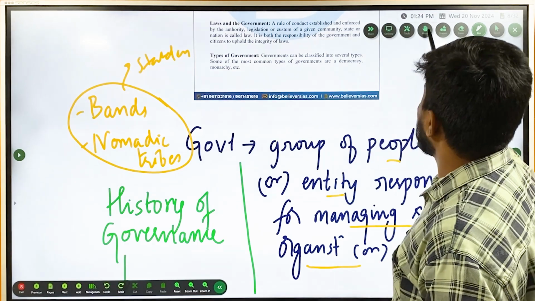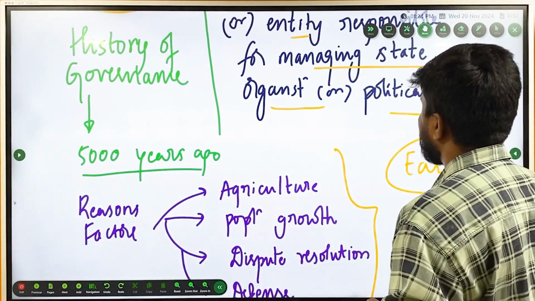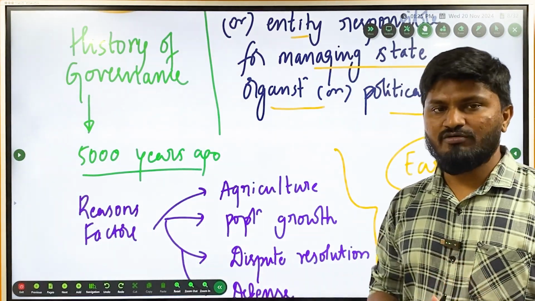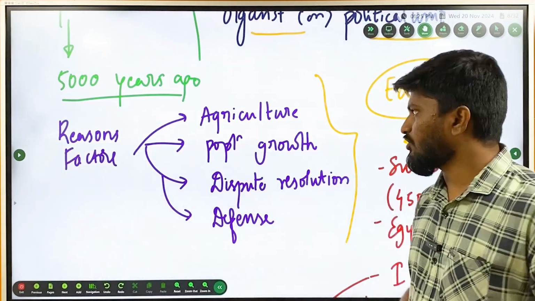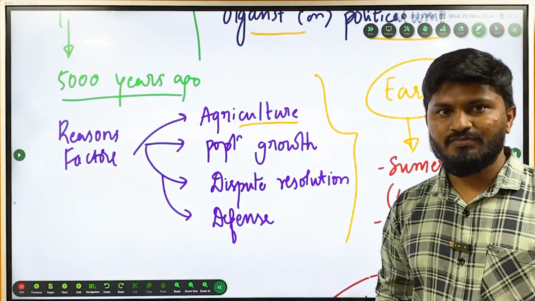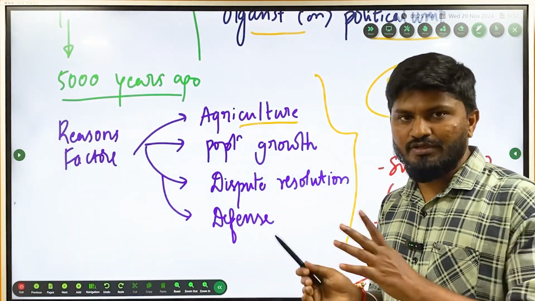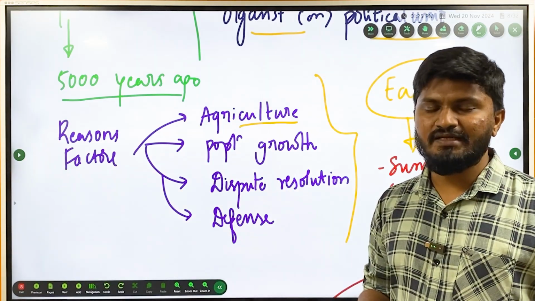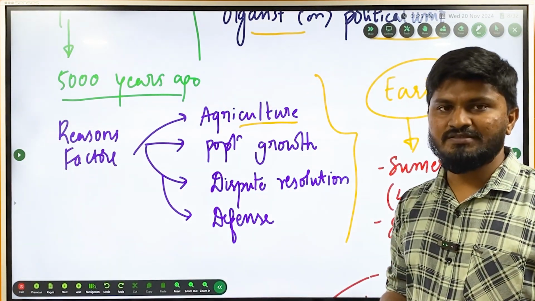But over a period of time, government developed. Around 5000 years ago, governance developed and took a more rigid form, because the factor behind the formation of government was the growth of agriculture. Before the Neolithic period, people used to roam around as nomadic tribes. There was no sedentary agriculture, no sedentary lifestyle, and no settlements.